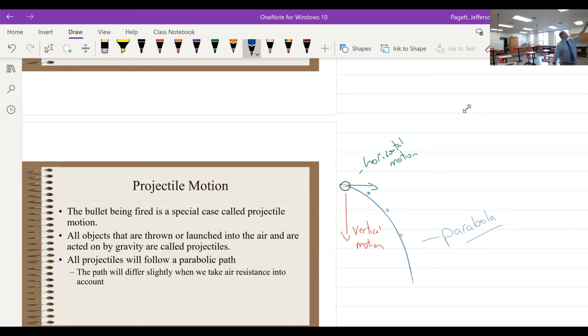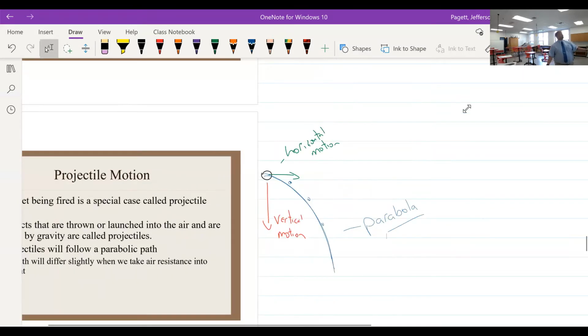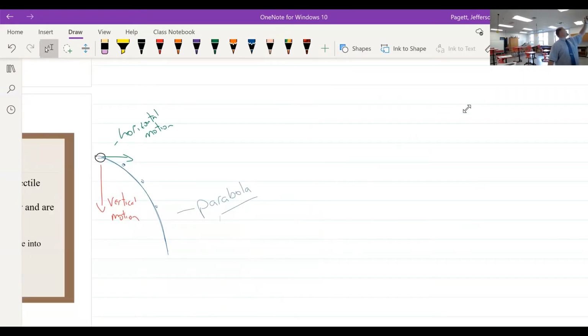If I were to throw an object straight up in the air, and we'll look at both of these cases, here's my object, and I give it an initial velocity up and a horizontal velocity over.